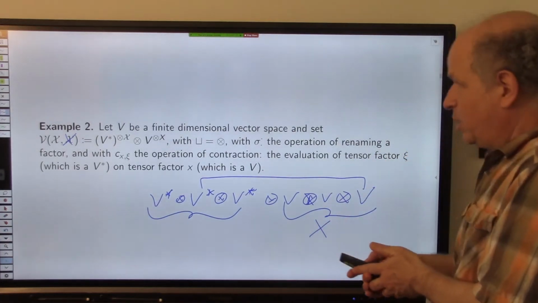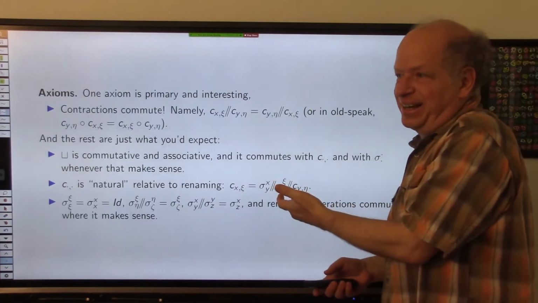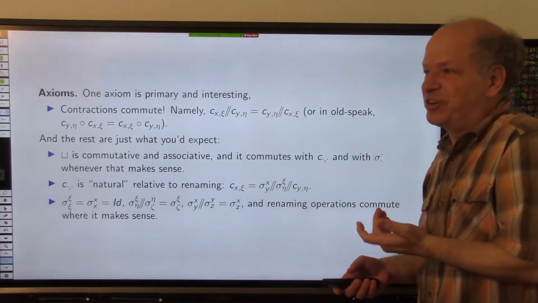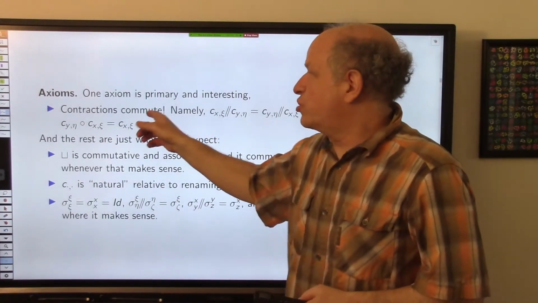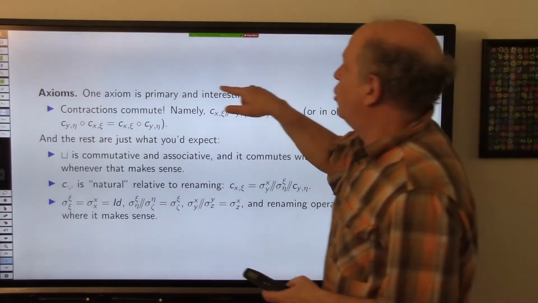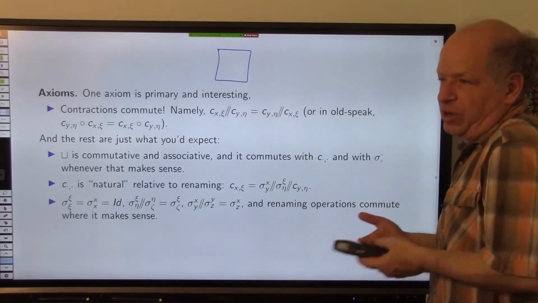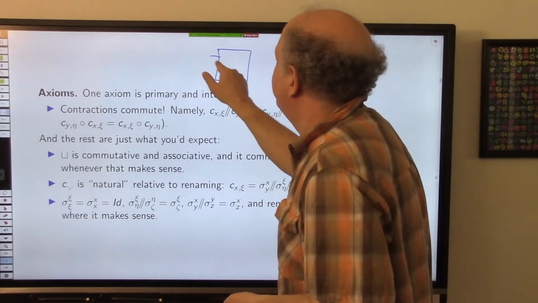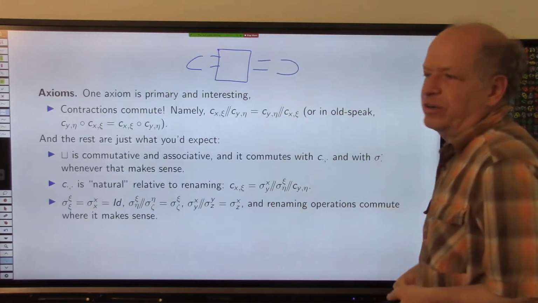Okay? Good. So now I can go on to state the axioms of a contraction algebra. They're really, really simple. Basically, contractions commute. If you have a tangle or some other contraction algebra, then contracting here commutes with contracting here.